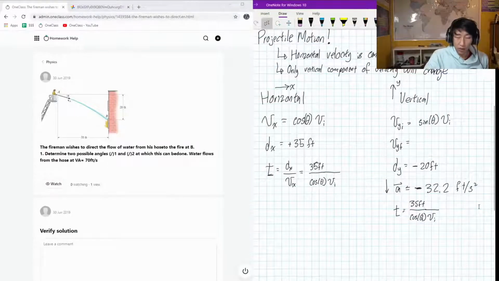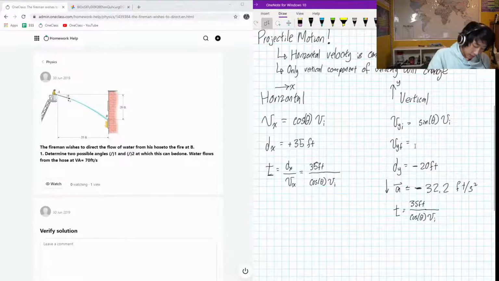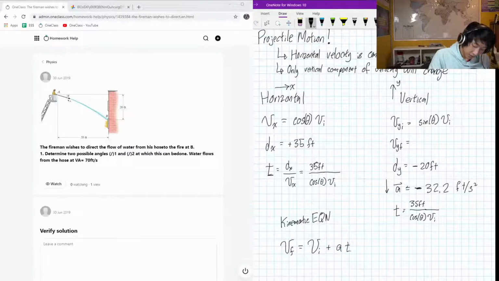Now the only thing that we have left to calculate here is the final velocity, and this is our kinematic equation: final velocity is equal to initial velocity plus acceleration times time.